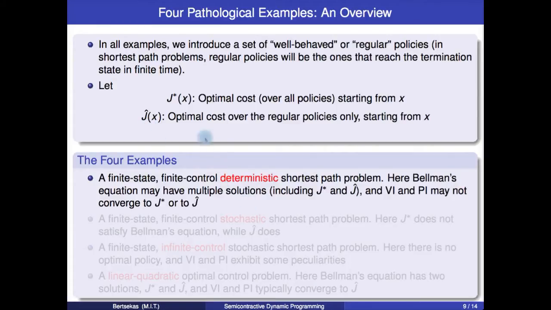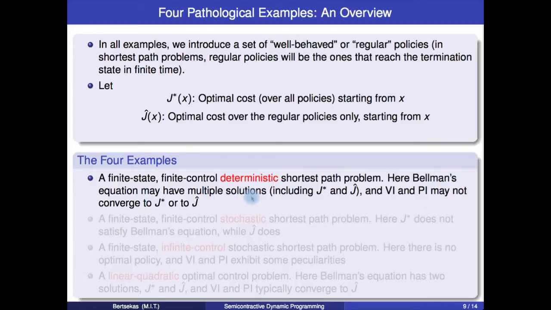As an overview of the four examples, in the first example, we have a finite state, finite control, deterministic shortest path problem. In fact, it involves just a single state plus the destination. It's the simplest problem that you can possibly encounter in dynamic programming and for which you have somewhat unusual behavior. In this example, Bellman's equation may have multiple solutions.